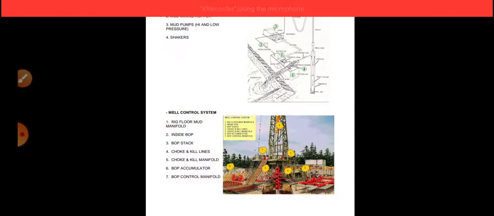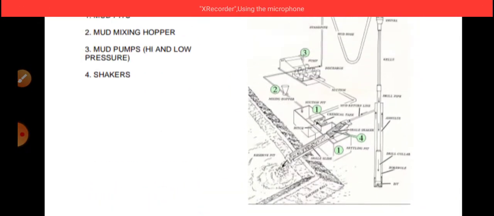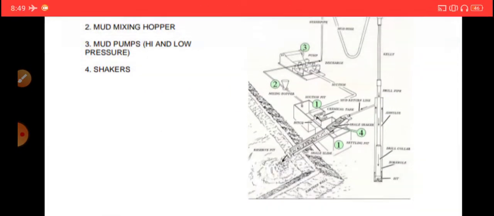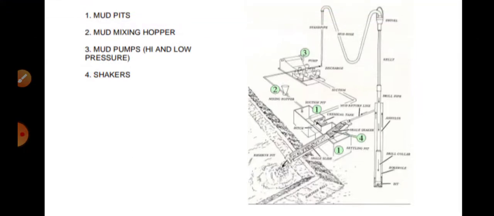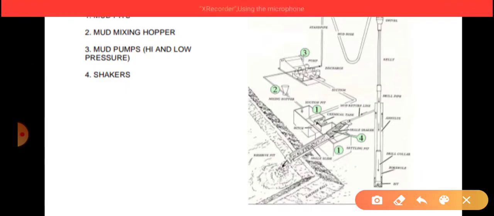Next we will discuss the mud circulation system. So what is the mud circulation system? Here: mud pits, mud mixing hopper, mud pumps, high and low pressure, and shakers. These are the very important areas we are discussing.